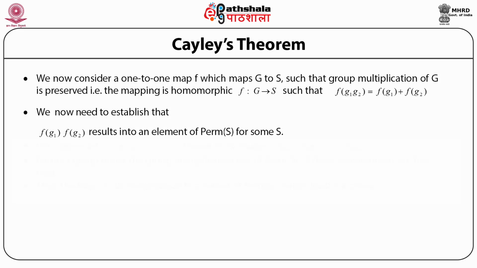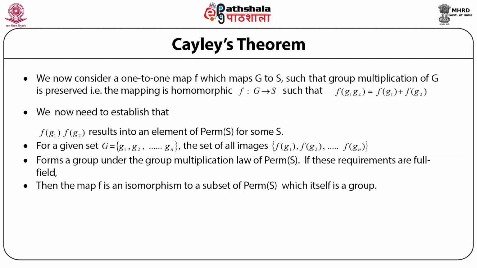So we now need to establish that f of g1 into f of g2 results in an element of the permutation group S. For a given set G equal to g1, g2, etc., the set of all images f of g1, f of g2, f of gn forms a group under the group multiplication law of the permutation group.